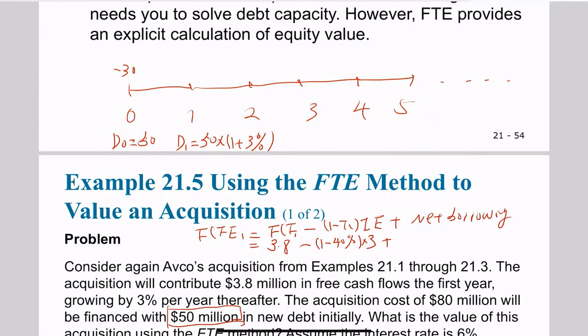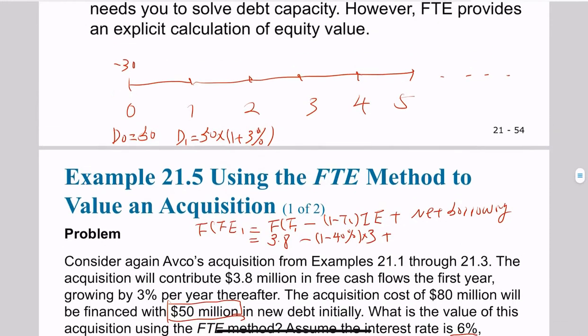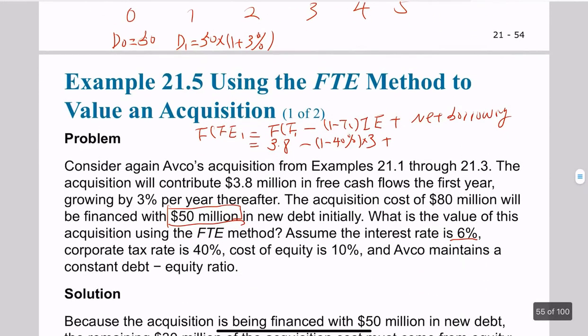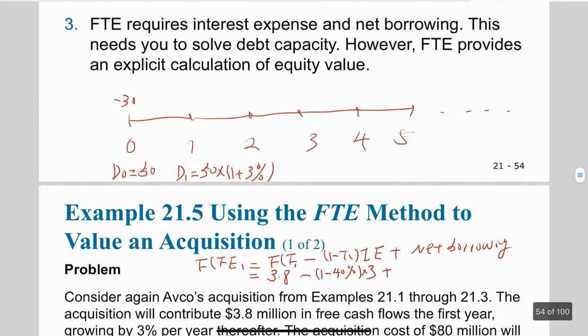Why do we have this result? Well, the argument is the same as before. The reason is because the firm maintains a constant debt equity ratio. So we now can have the same kind of argument. That is, this project's free cash flow increases at 3%. Its value increases at 3% each year.